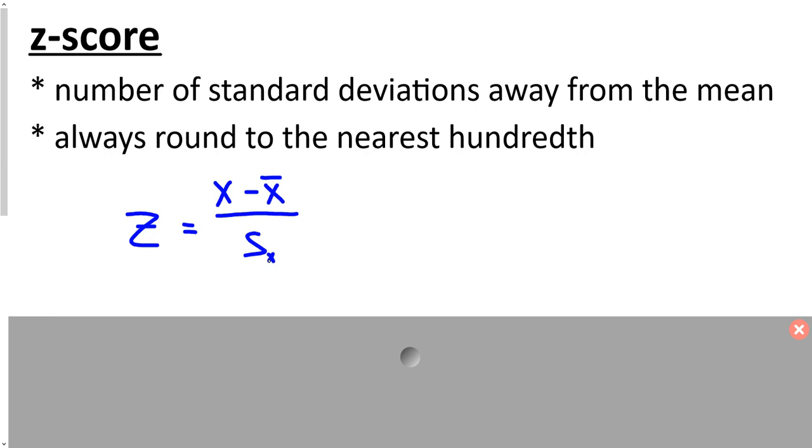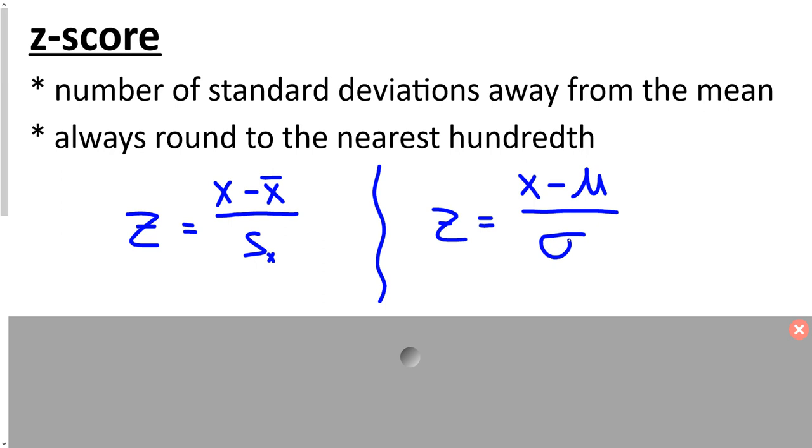You're going to have to know the standard deviation in order to figure this out. Now that is for sample data. For population data, your z-score would be the x value minus mu, your population mean, and then divided by sigma, which is your population standard deviation. All right?